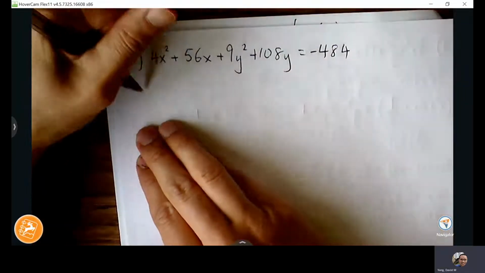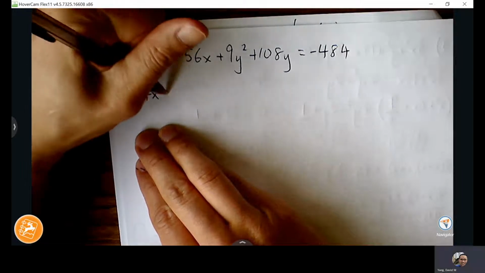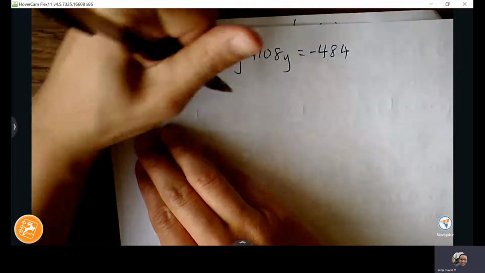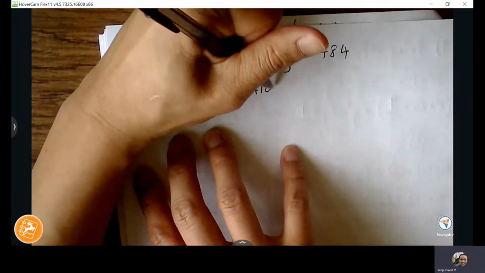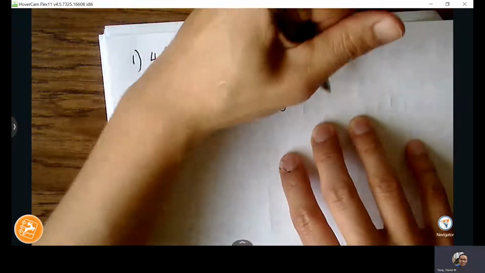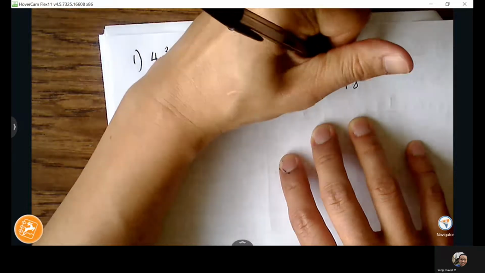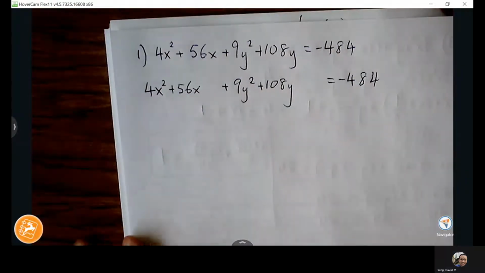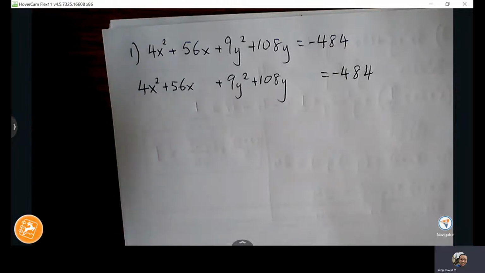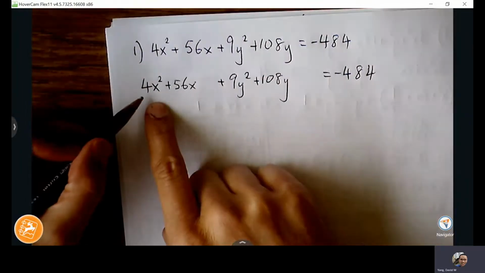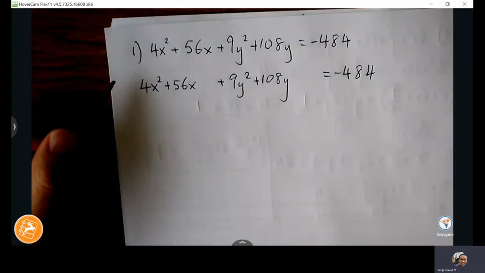All right, let's group the x's together. Well, yeah, it looks like everything's already grouped together here. We always want to take the GCF of the x's and then separately for the y's. So GCF for the x.